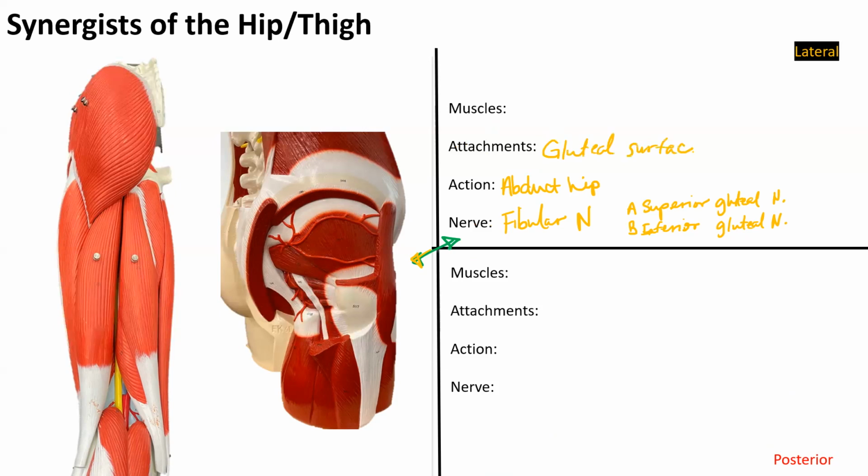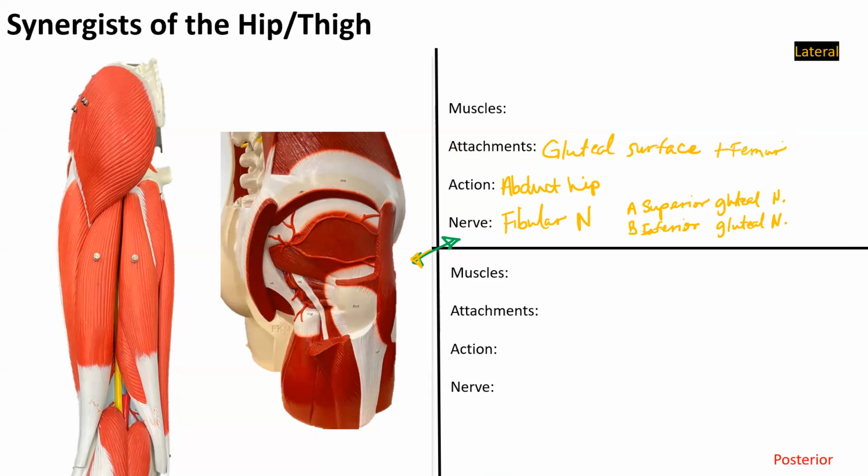Not all of them go to the gluteal surface, but it is a good proximal attachment for these. And then distally, they come down and hit the head of the femur. Actually, they hit some of the greater and lesser trochanters of the femur. So I'm just going to put plus femur, right?